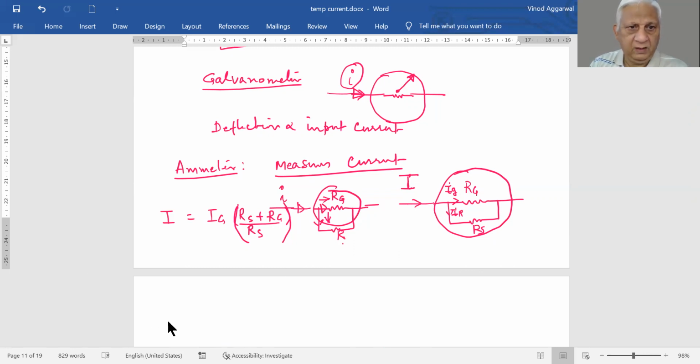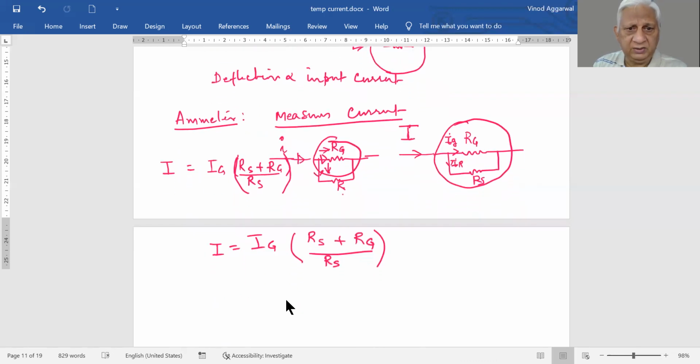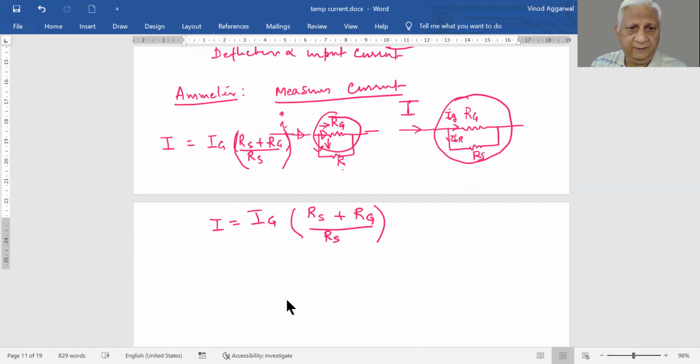So I, the total current, is equal to the current through the galvanometer times (resistance of shunt plus resistance of galvanometer) divided by resistance of shunt. Now we know there is a limitation on Ig. We cannot exceed it, as galvanometers are meant for very low current applications.